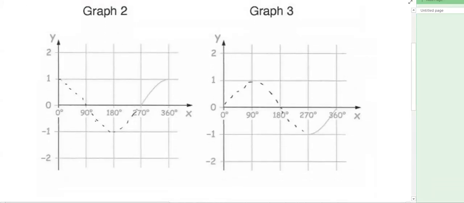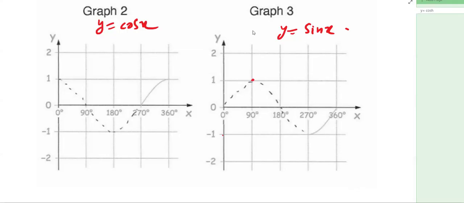Graph number 2 is a sketch for what? Cos. Yes, this is for y is equal to cos x. And the second one is for y is equal to sin x, because sine will start from 0. Always remember that, 1, -1. So sine graph and cosine graph, this difference you should remember. Yes, this is for y is equal to sine x.